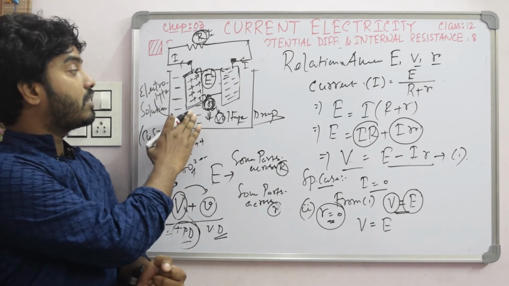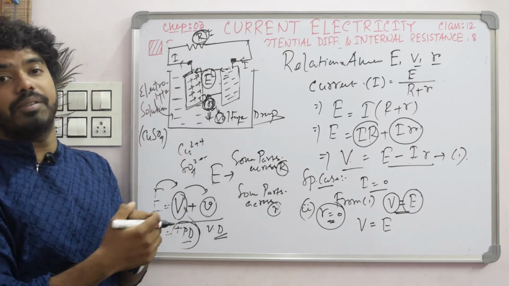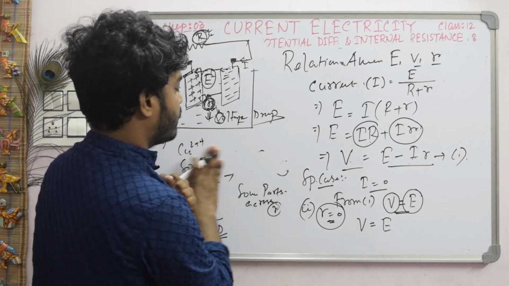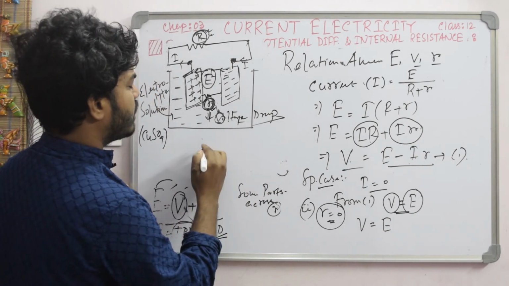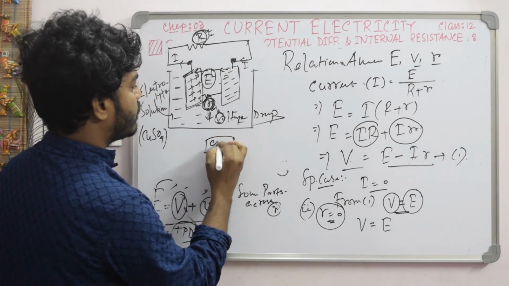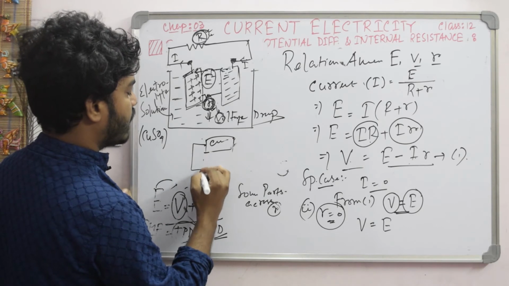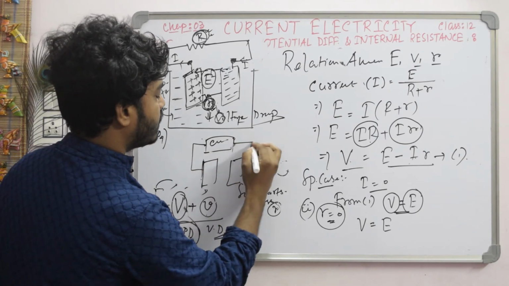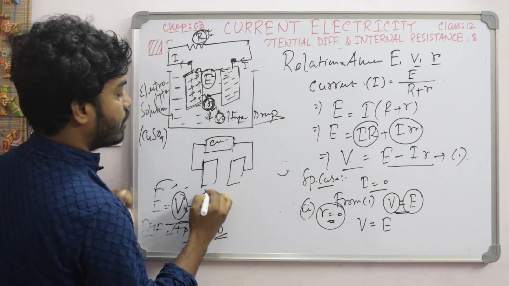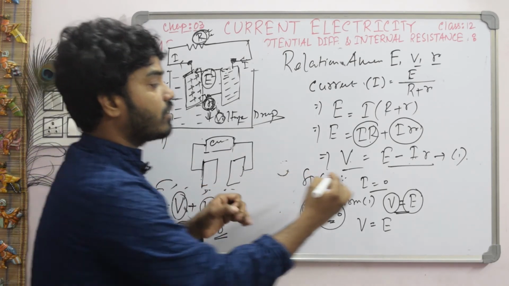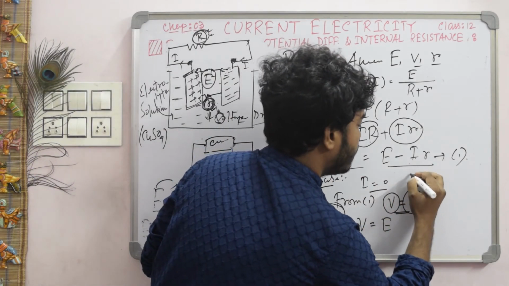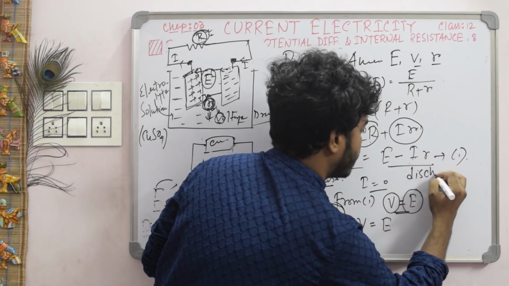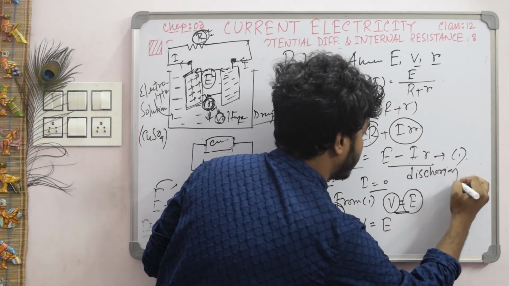When this cell is charging, suppose like this way, there is a charger, and this charger is charging this cell. There is a positive plate, there is a negative plate, this charger is charging this cell. So this condition is when discharging condition. This happens in the discharging condition.